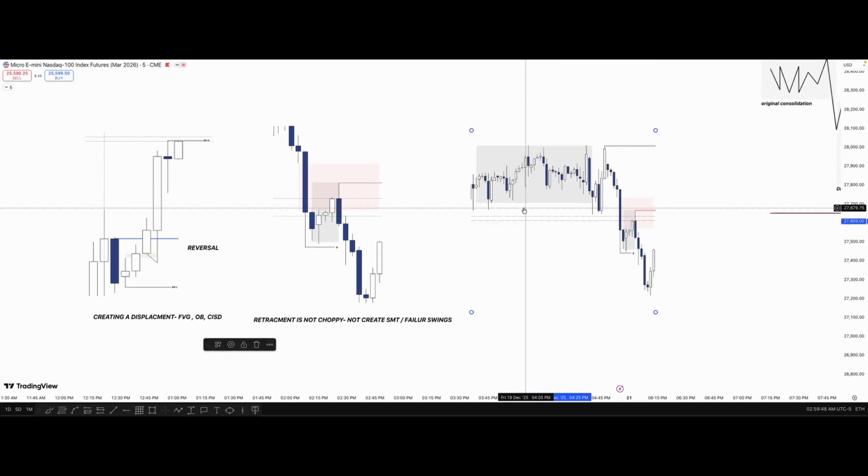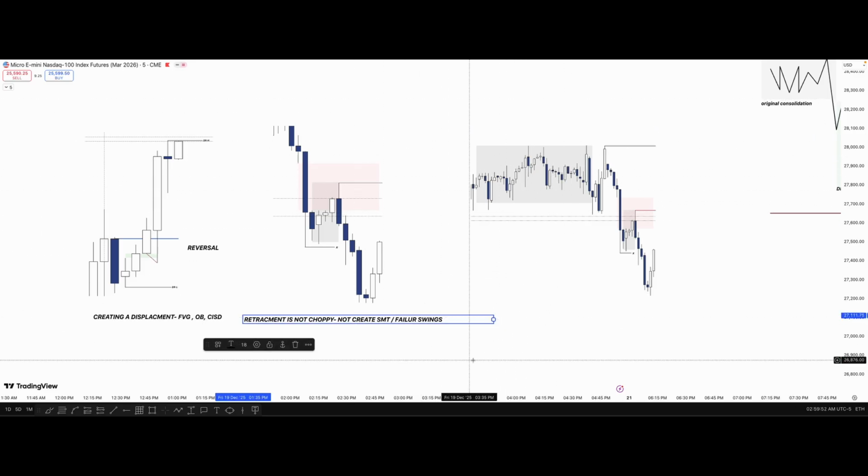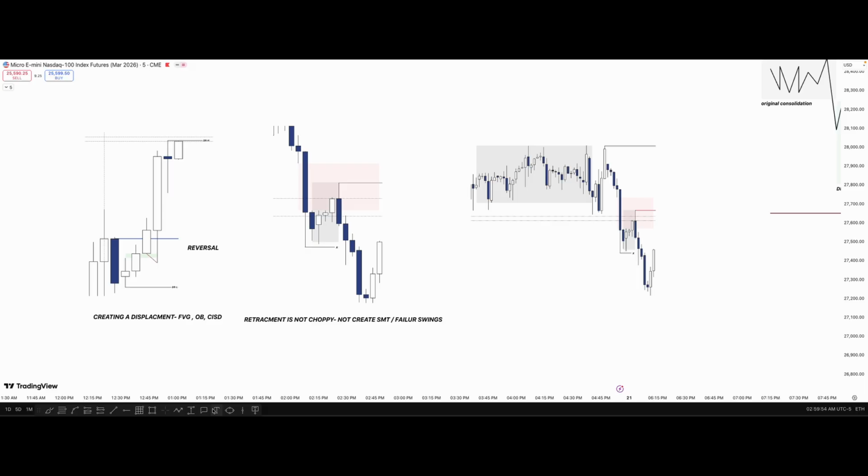This is your area C. So यहाँ पे क्या हो रहा है? What is happening? It is creating what? It is creating a range. It is neither distributing nor manipulating, right?